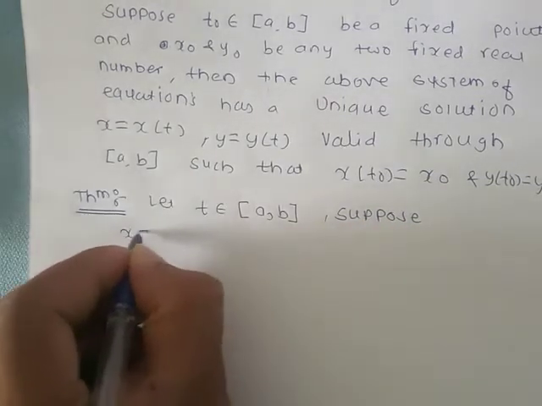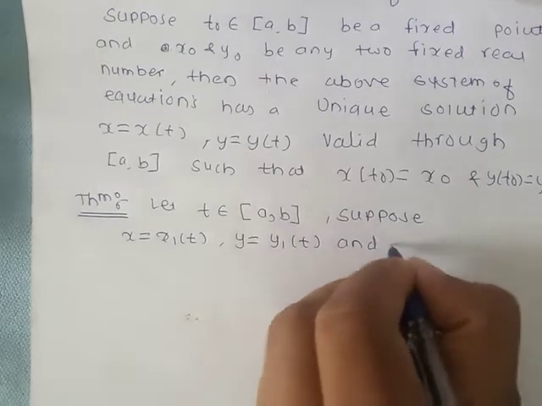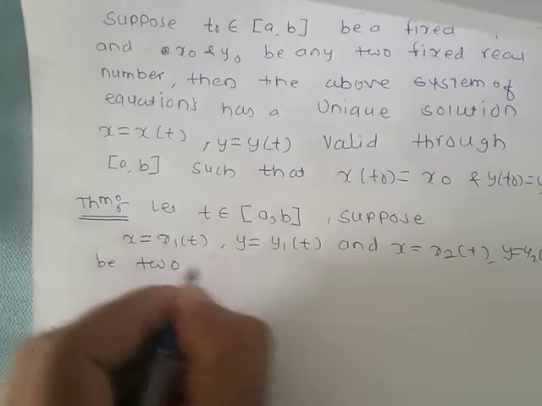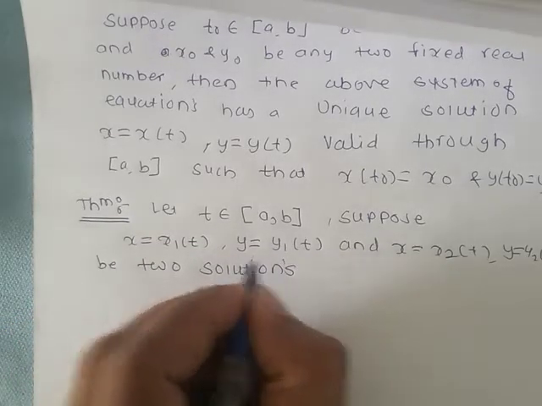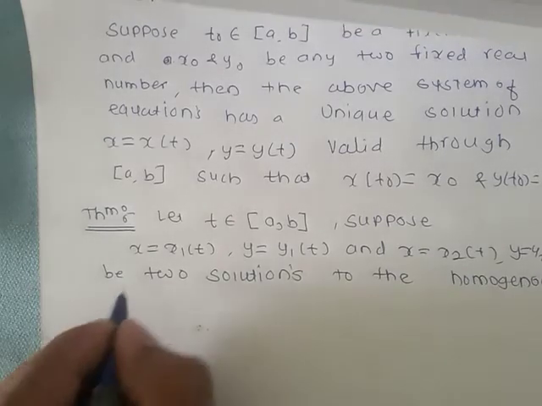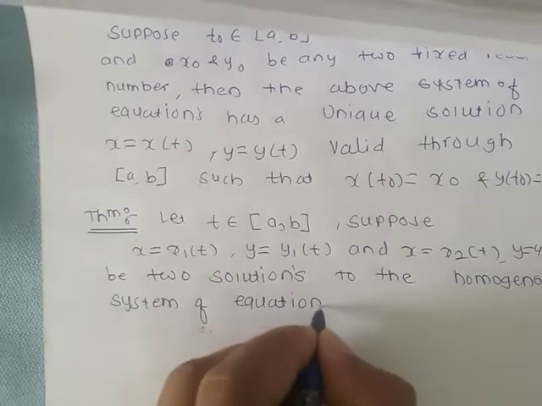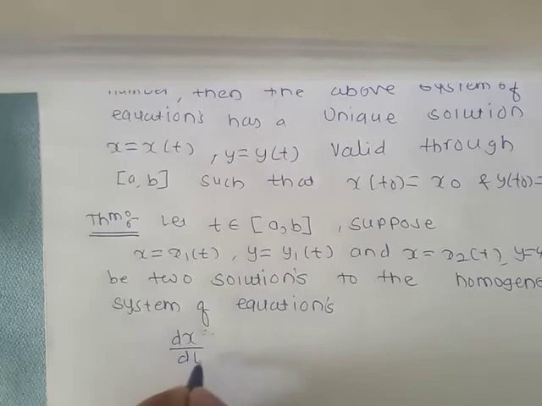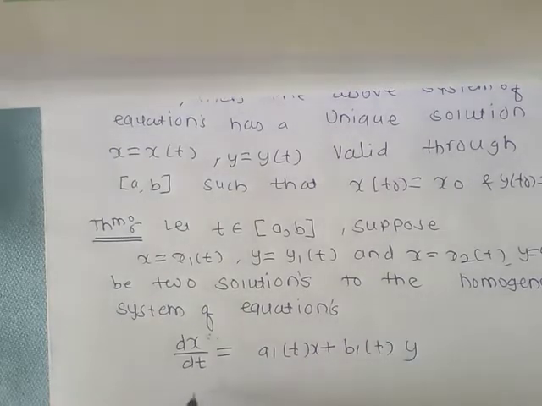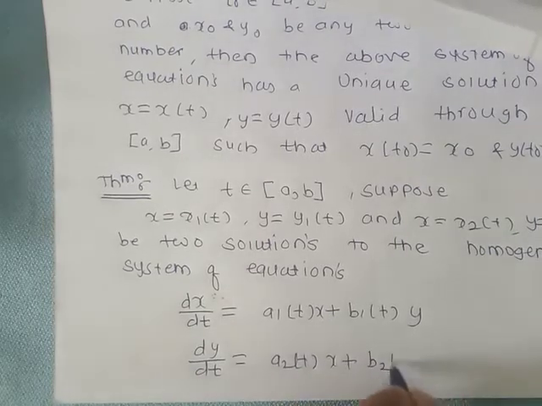Suppose x is equal to x1 of t, y is equal to y1 of t, and x is equal to x2 of t, y is equal to y2 of t be two solutions to the homogeneous system of equations, dx by dt is equal to a1 of t x plus b1 of t y, dy by dt is equal to a2 of t x plus b2 of t y.